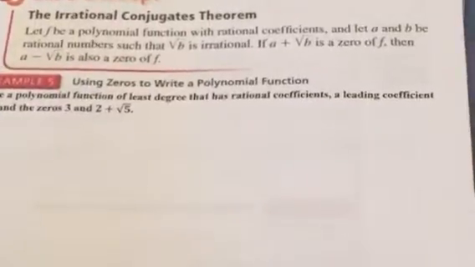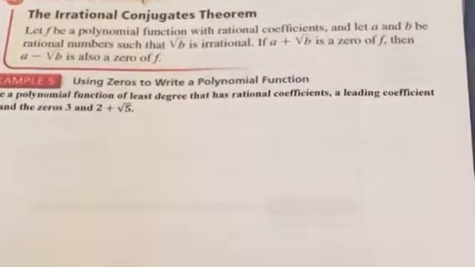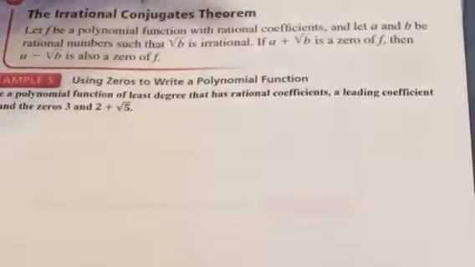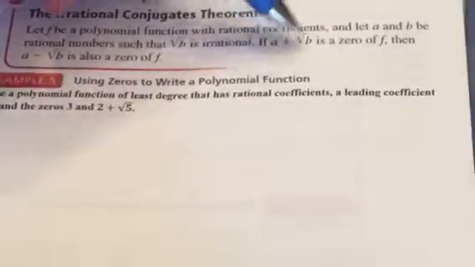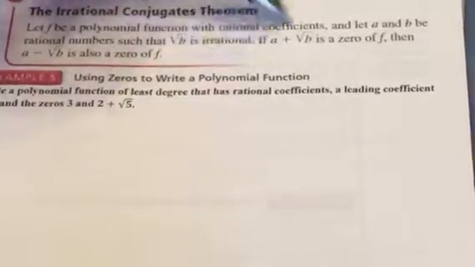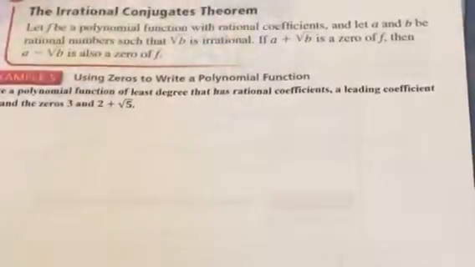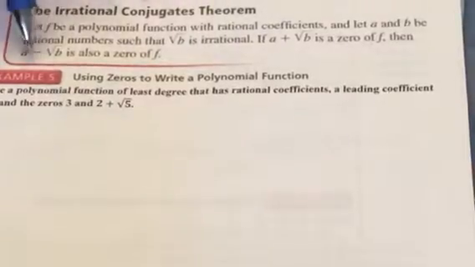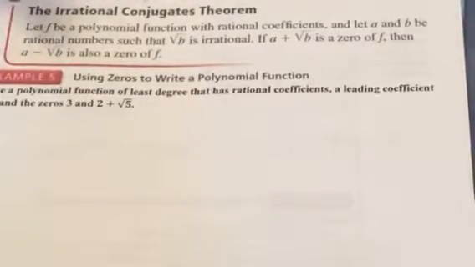So we're going to look next at this irrational conjugates theorem. You can see that on your paper. It turns out that, and you can probably see this from when you work with either the quadratic formula or completing the square, we often end up with plus or minus the same root. Okay, so when you have an irrational like a plus root of some number, in this case they're calling it b, then there's always another one that is just what's called the conjugate.